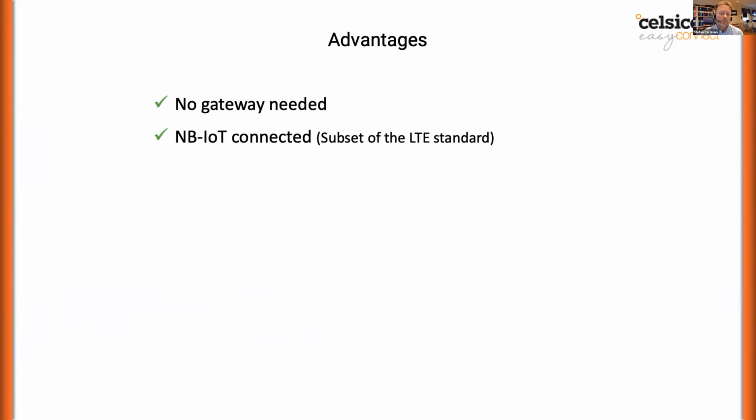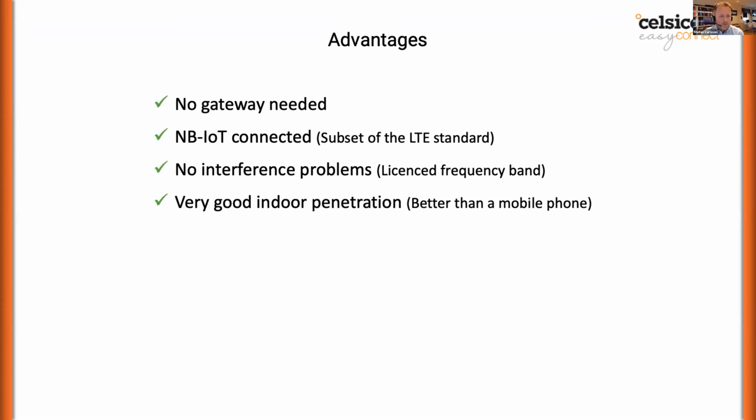So you don't need to build any new infrastructure to support these sensors because you're using the mobile network that's already around. And you will have no interference problems because the NB-IoT standard uses a licensed frequency band, so it's not very sensitive to interference. You also have very good indoor penetration. It's better than your standard mobile phone, actually.